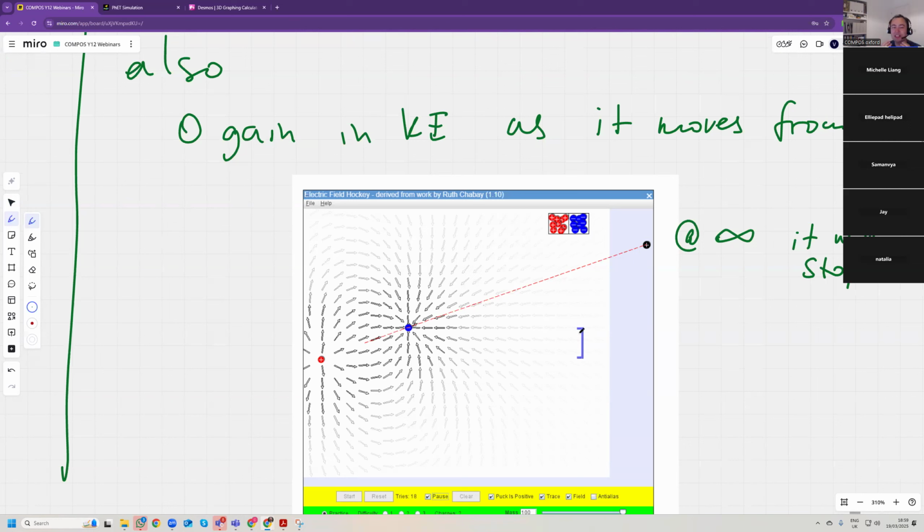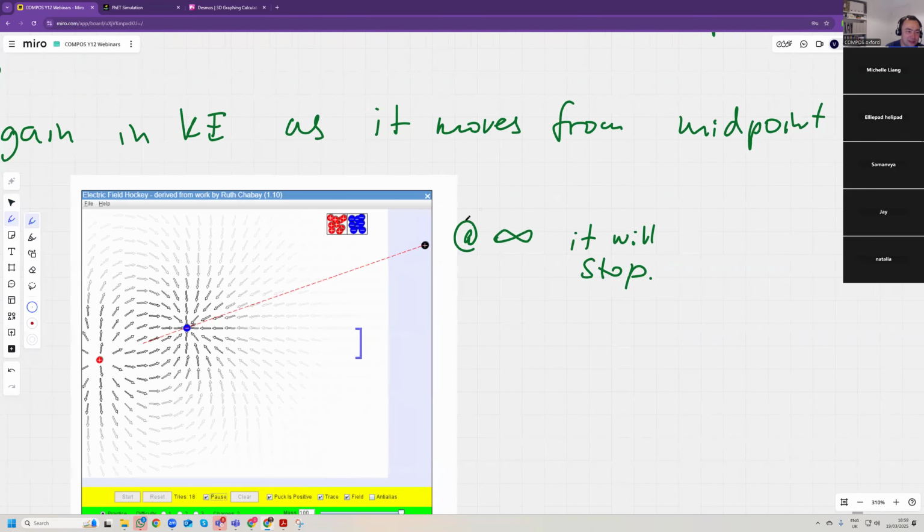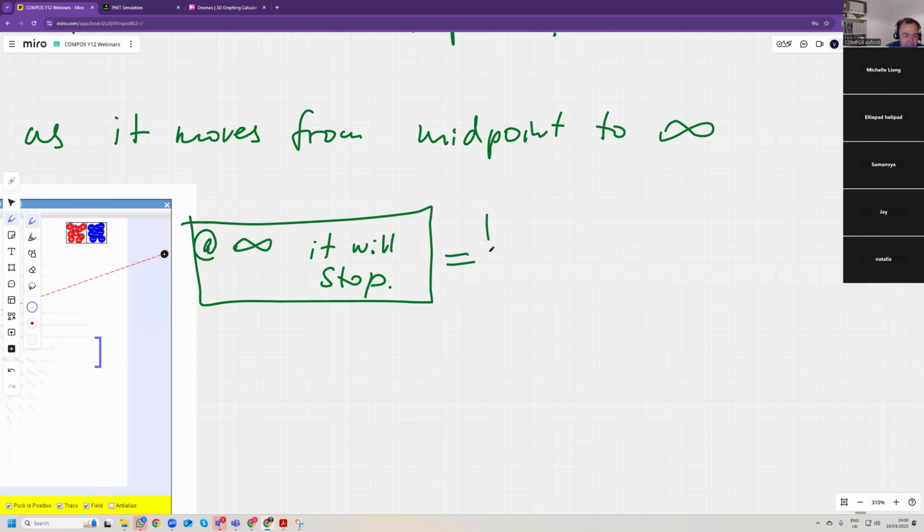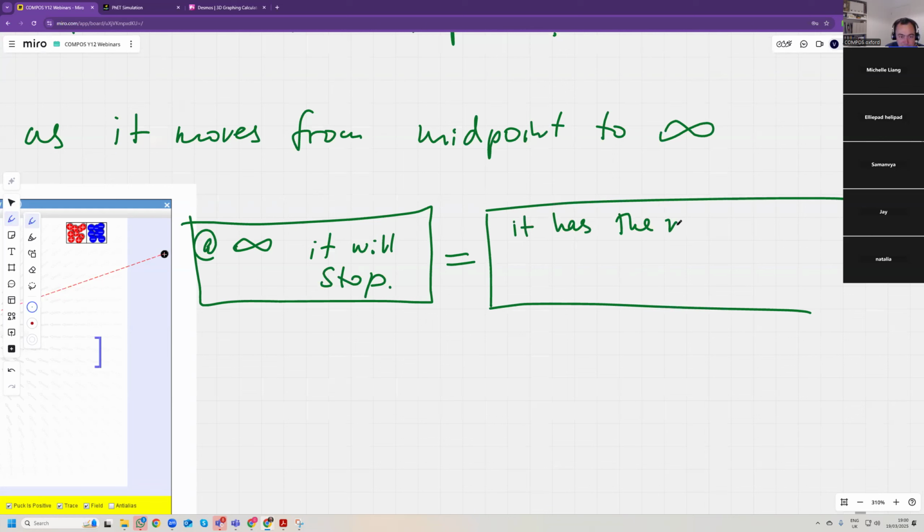It has just enough speed. Saying that at infinity it will stop is a fancy way of saying it has the minimum necessary speed to never return.